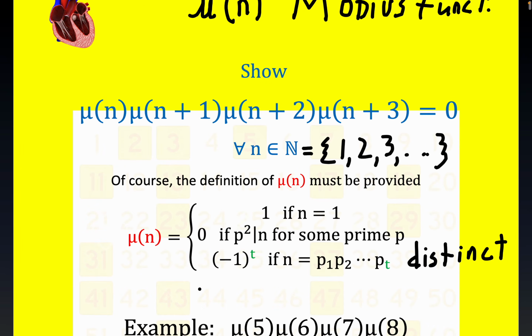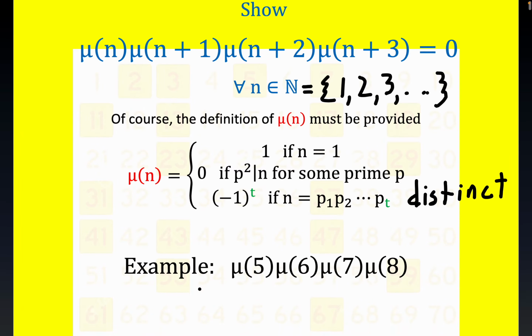Now let's take a look at a concrete example here and just make some sense out of this definition. So mu at 5 would just be equal to minus 1 raised to the 1 power, right? Because it's the only prime. So you see the t would be equal to 1, trivially, so this part's minus 1.